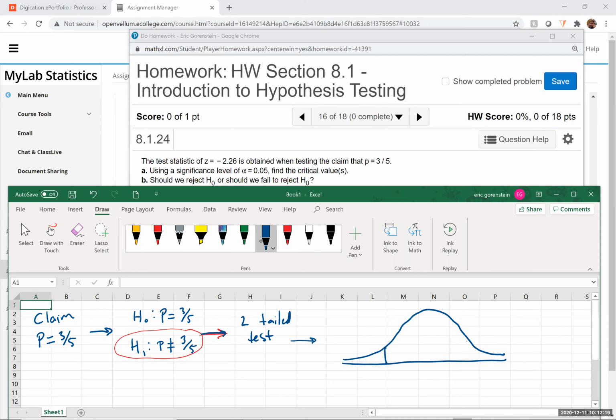So that means the critical region is split both ways. So this is an area of alpha over 2, and this is an area of alpha over 2. So in this problem, alpha is given as 0.05. So half of that is 0.025.